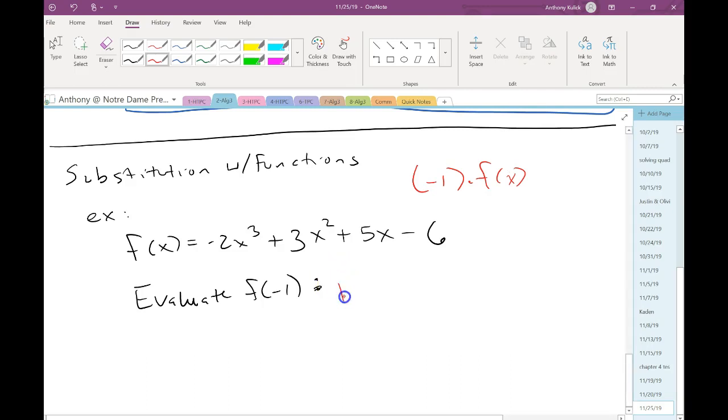That's what we do want to do, yes. So what this says is plug negative 1 into the x's and then find what that equals. Everybody okay with that?